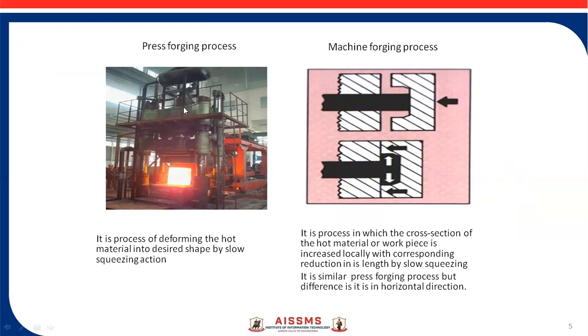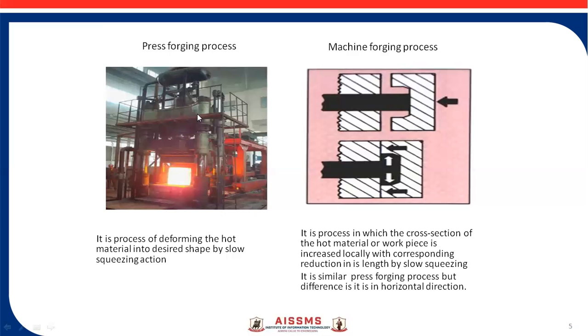This press forging is not dependent on which type of job we are manufacturing, and it is run by a mechanical or hydraulic process. The capacity of the press forging process is generally up to 1 ton, 2 tons, or 5 tons.